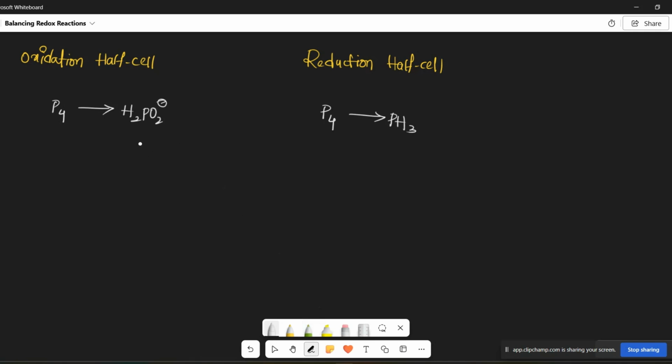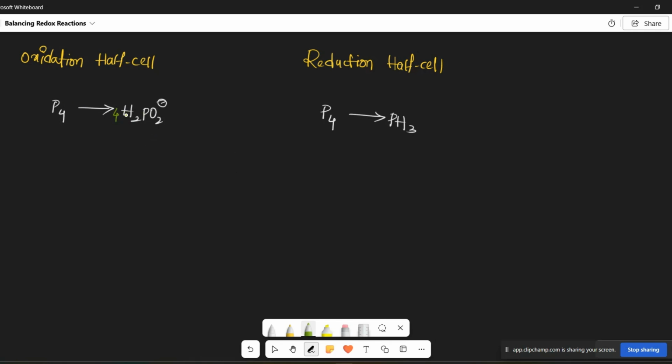The first two steps are still the same in both acidic medium and basic medium. The first thing is that you need to balance everything other than oxygen and hydrogen. Here, other than oxygen and hydrogen, there is phosphorus. On the left side there are four phosphorus, and on the right side only one, so you need to keep four here.